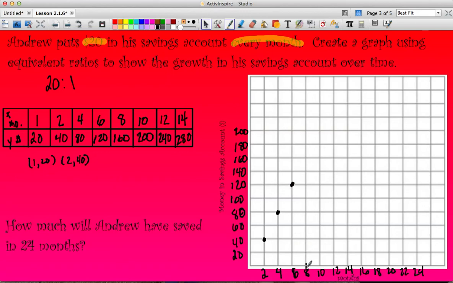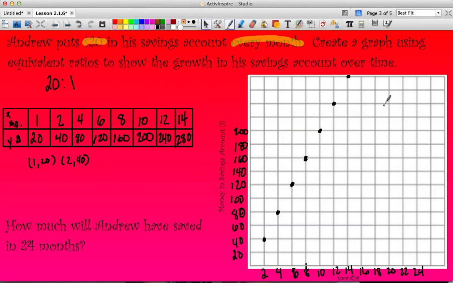120. In 8 months, 160. In 10 months, 200. In 12 months, 240. In 14 months, 280. So now we've hit the top of our graph.